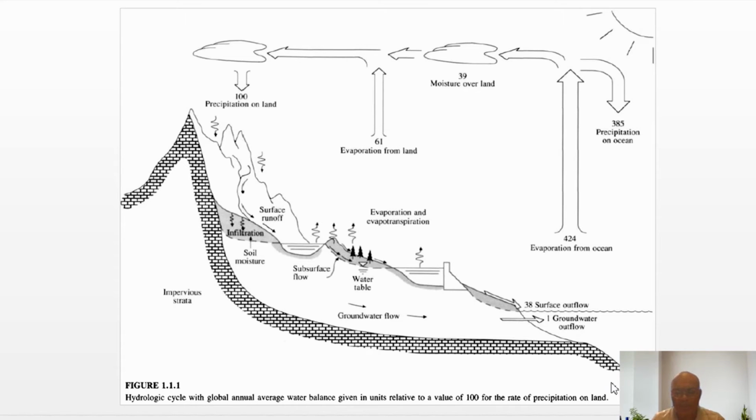This is a hydrological cycle schematic. For example, 100 units of precipitation is occurring on the land. Some part of the water is infiltrated, which increases soil moisture, and some part flows as surface runoff, joining a lake, a pond or a river.